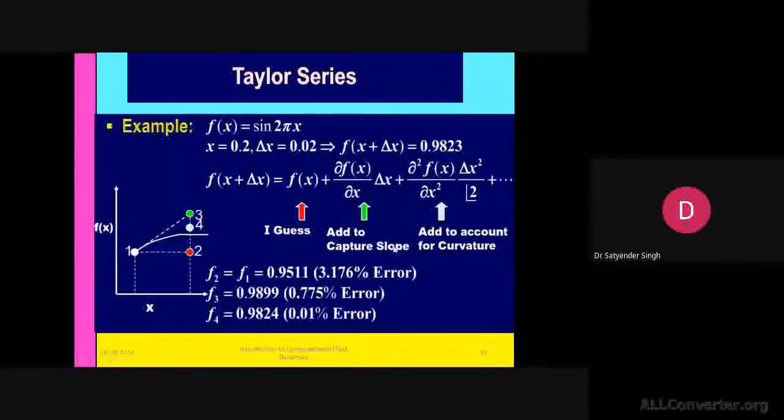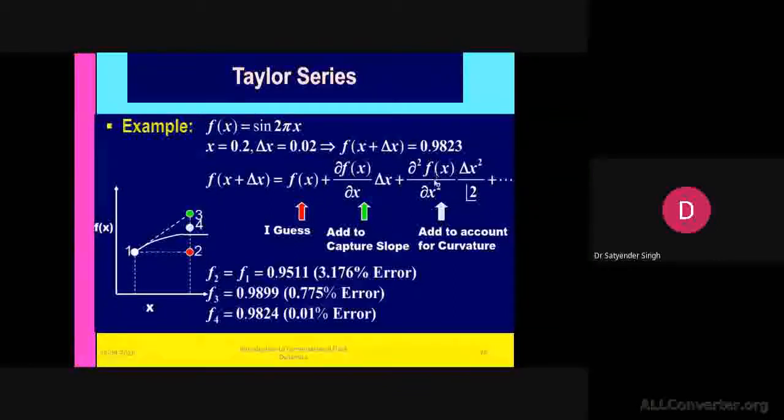Let's say you have a pressure gradient, then we generally have high pressure at the inlet and low pressure at the outlet. To capture the change, or delta P pressure difference, that can generally be recognized as del P by del X in the x direction or del P by del Y. So it indicates that the first differential can only give you one slope.